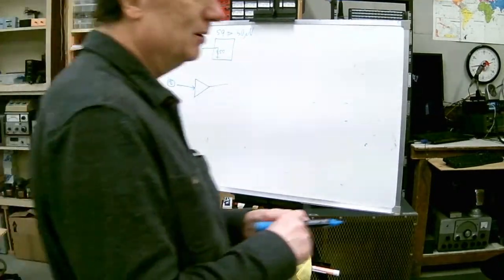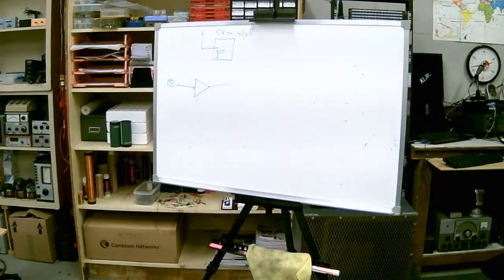How much power? You can both collaborate on this. Resistance is 50 ohms, and the voltage, V, I, R. Okay, so we can figure out I. And micro is what?